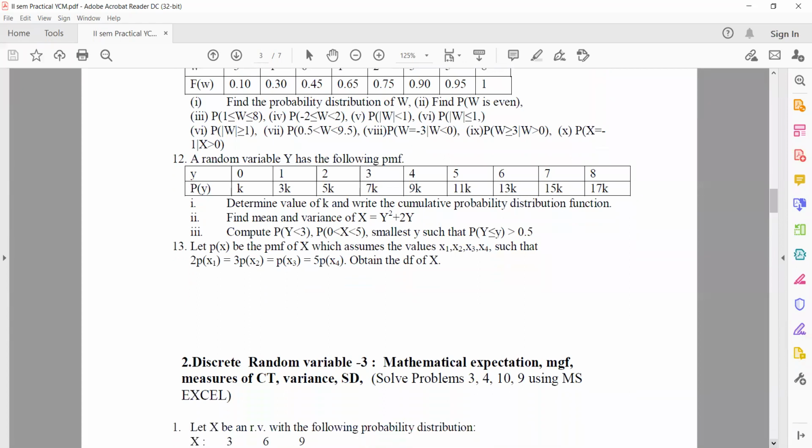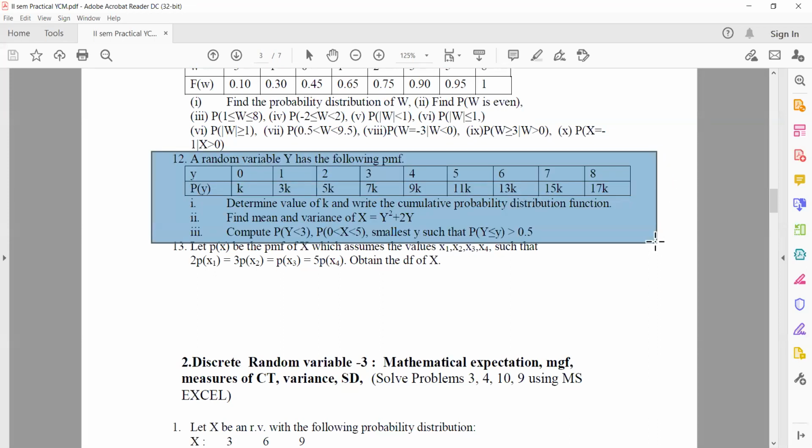Twelfth one. Determine the value of K and write the cumulative probability distribution function and compute some probabilities. Write and answer this. P of y is given. Add them.